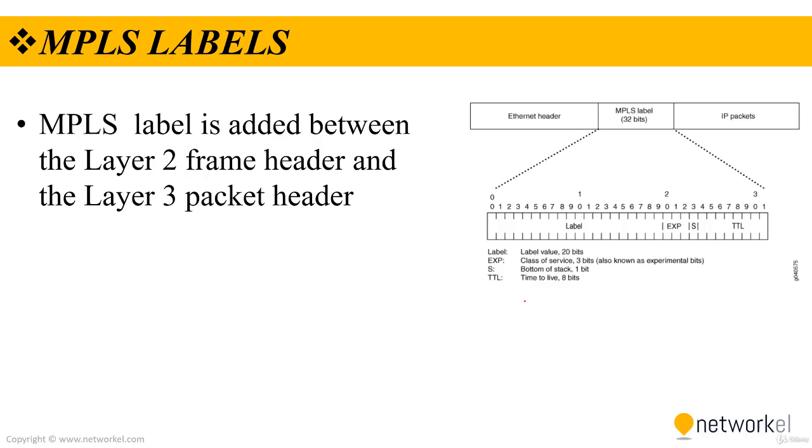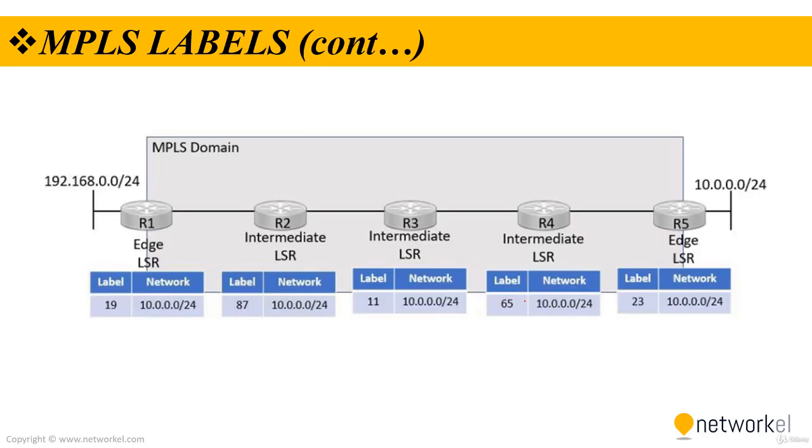The 1 bit S field is used to define whether the label is the last label in the stack when more than one label is used in the packet, for example with MPLS VPNs. And the final 8 bits, TTL, is used like IP's TTL so that MPLS frames are discarded if they have not reached the destination by the time the TTL reaches 0.